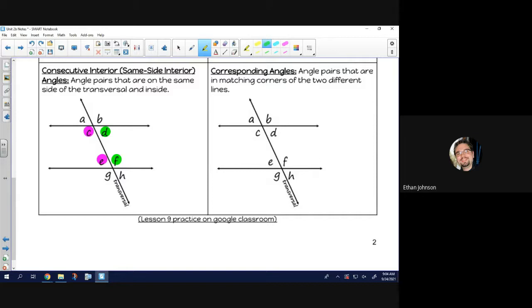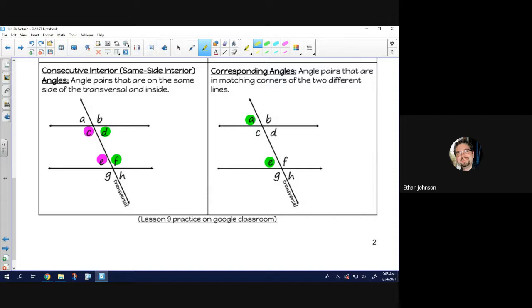Corresponding angles is our fourth and final type of relationship. Corresponding means they match with each other. We can think of it as same spot in our intersection, but in the other intersection. By that, I mean if we look at A, it is in the top left of that intersection, so what matches with it below? Well, angle E. They're both in the top left of that intersection.